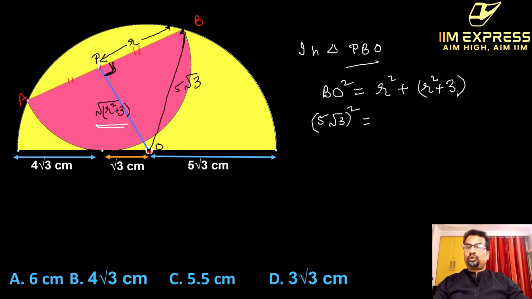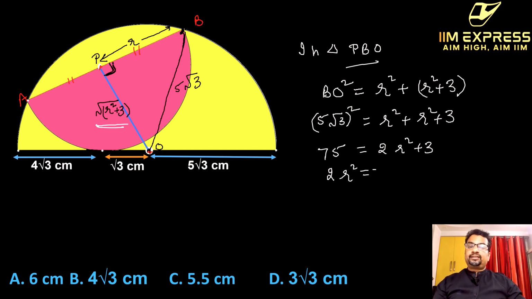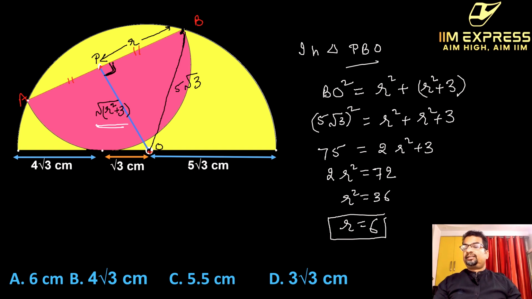BO square is 5 root 3 whole square, which is R square plus R square plus 3. 5 root 3 whole square is 75 equals 2R square plus 3. Here I can say 2R square is 72 and R square is 36 and R the value is 6, because radius can be positive only. So the value of R is 6 centimeter. Answer option A. So right answer will be A.